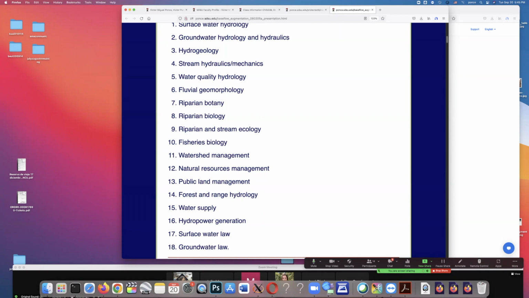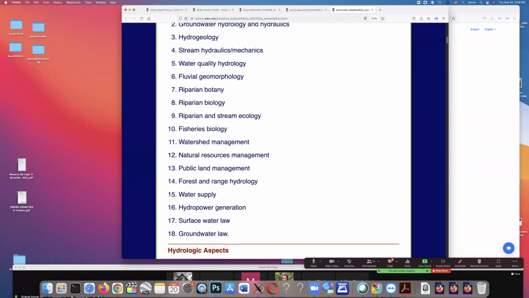Up to that time, I didn't know. I couldn't care because I was not a botanist. But I realized at the time that there was a lot of things out there, and I could tell you a lot of stories, but I'm not going to do it right now, about the relation between hydrology and botany. So then 10 years later, I began to respect the issues of botany and riparian biology, which is related to riparian botany too. Stream ecology.